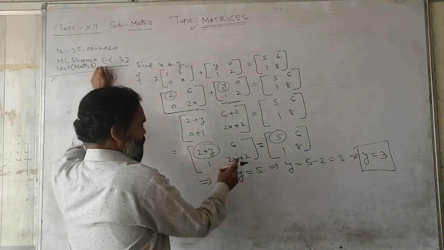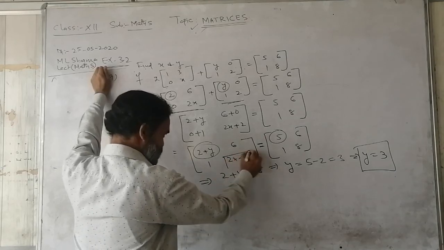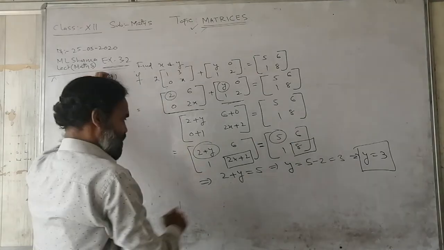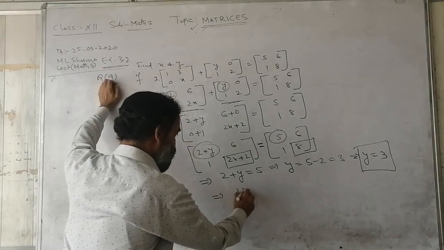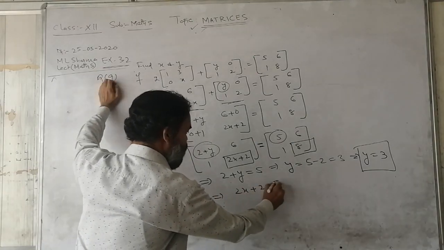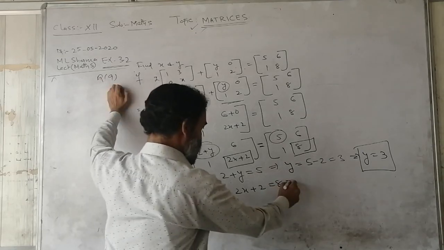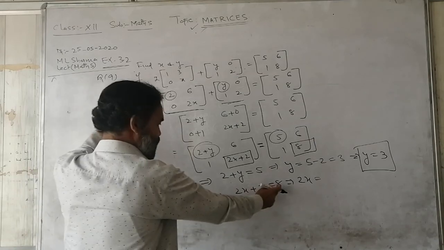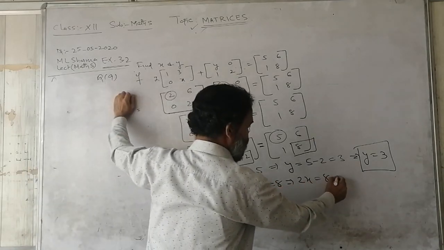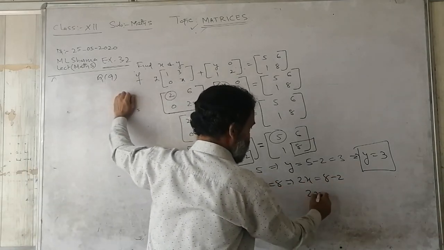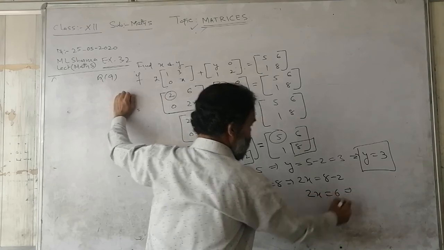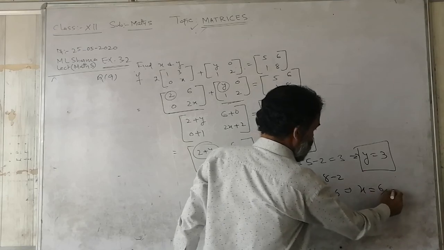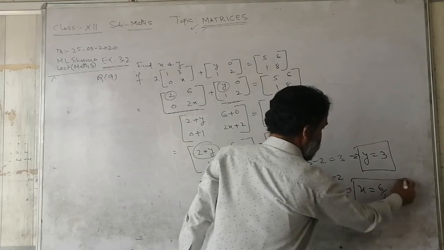Again, this element corresponds to this element. So that means 2x plus 2 equal to 8. That means 2x is equal to 8 minus 2. 2x equal to 6, which means x equal to 6 by 2 equal to 3.